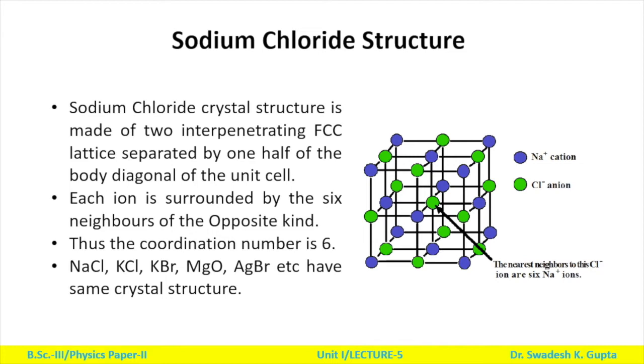As you can see here, the nearest neighbors to the chlorine ion are the six sodium atoms. So that is why the coordination number for the sodium chloride structure is 6.